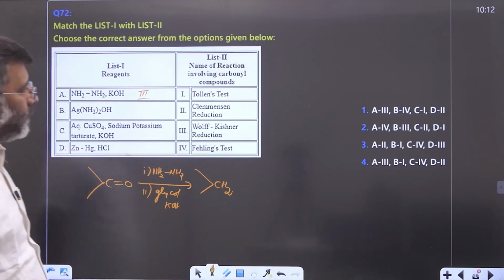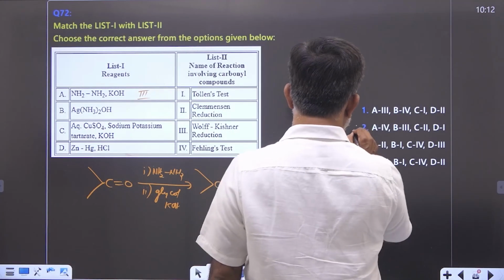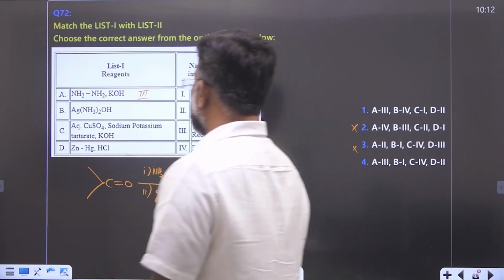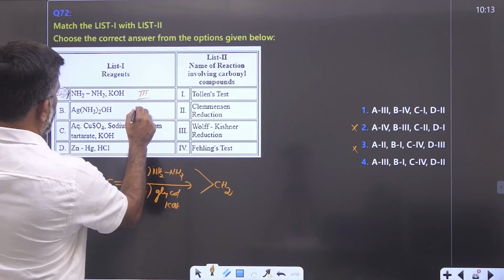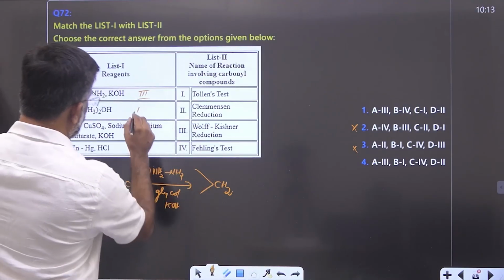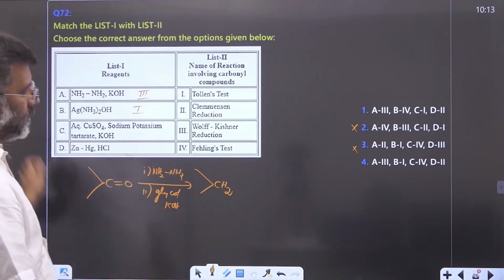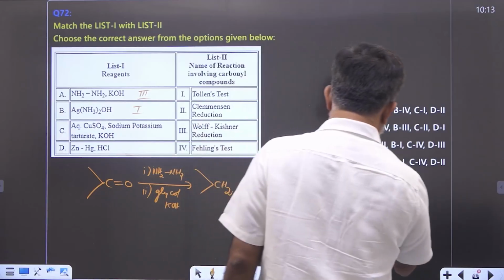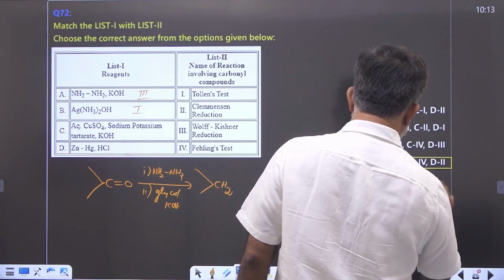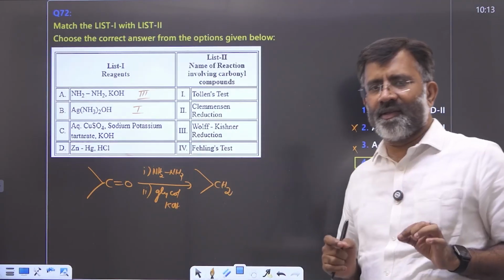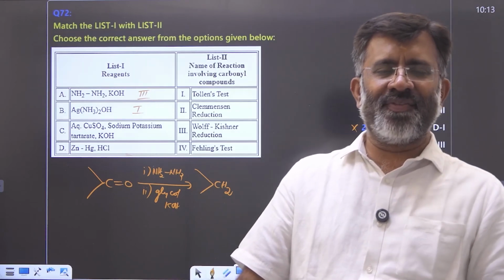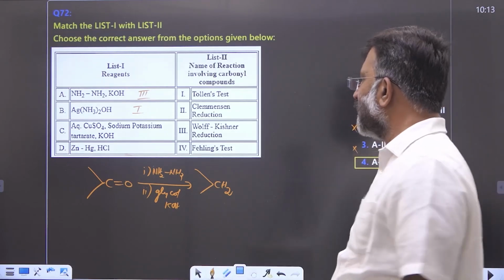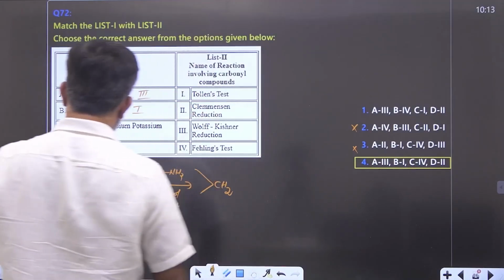A with 3. A with 3, so 2 choices are out. Then ammoniacal silver nitrate is Tollens reagent, and we get the answer, option 4, the correct answer. So checking the first and second choice, we get the answer. What about the third one?